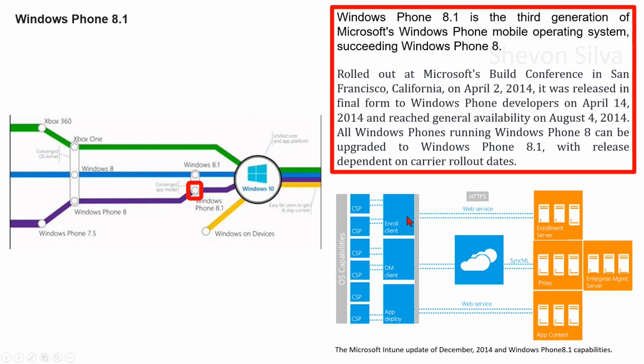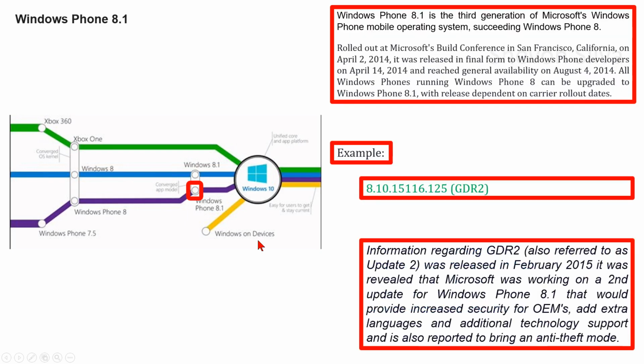Enrollment client is connected to enrollment server through HTTPS and web service, and DM client is connected to proxy through SyncML, and app deploy is connected to app content through web service here, and you can see here enterprise management server.